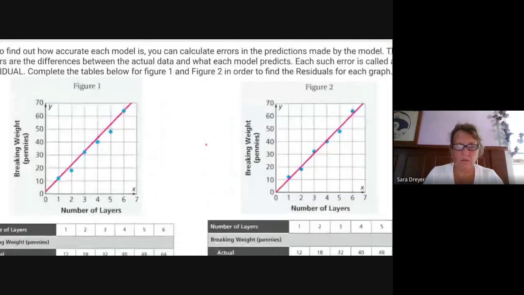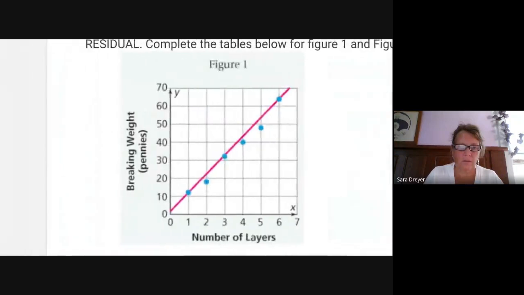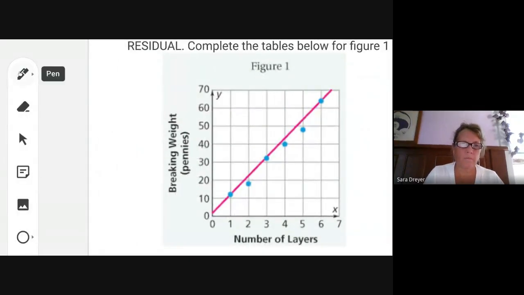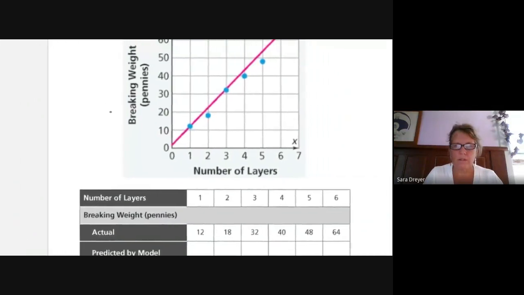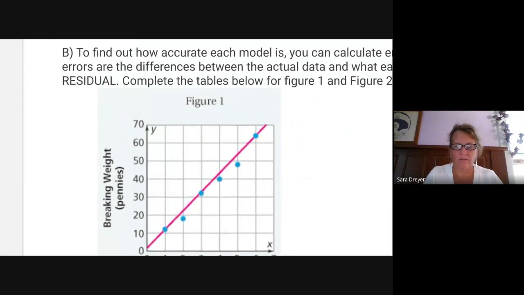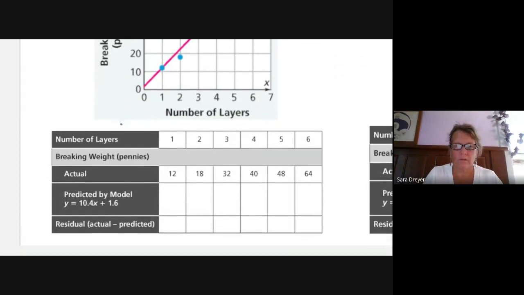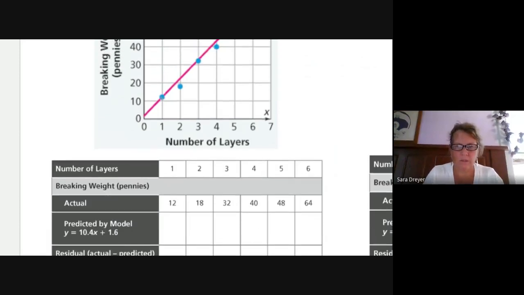So the way you do this, I better get a pencil. The way you do this is you look at the graph. If the number of layers is 1, the actual breaking weight is right here. This point is 12.